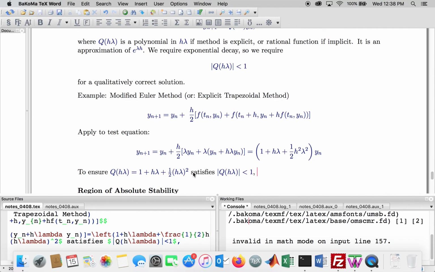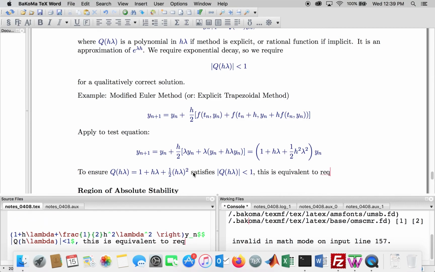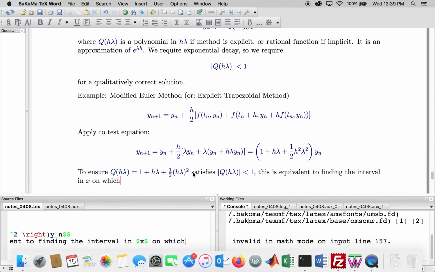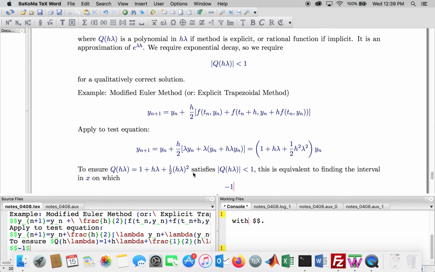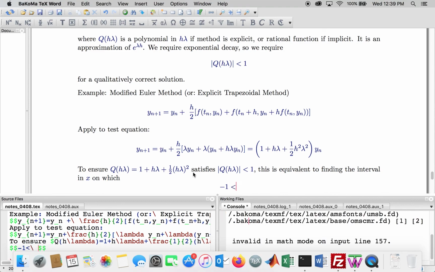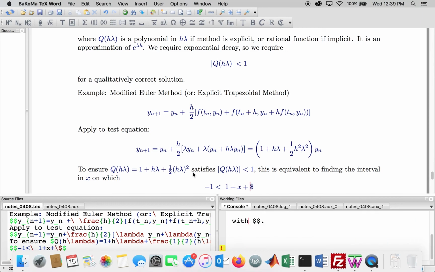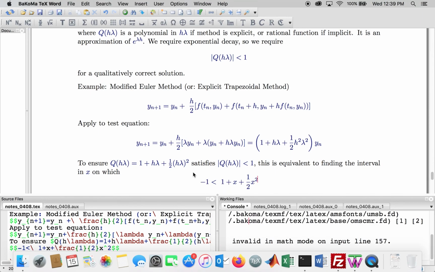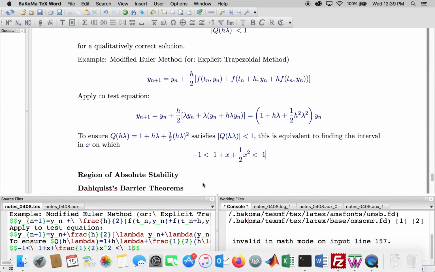Okay, so for what interval would that actually be the case? So if I let x equal h lambda for convenience, so what we have is -1 is less than 1 plus x plus 1 half x squared is less than 1.